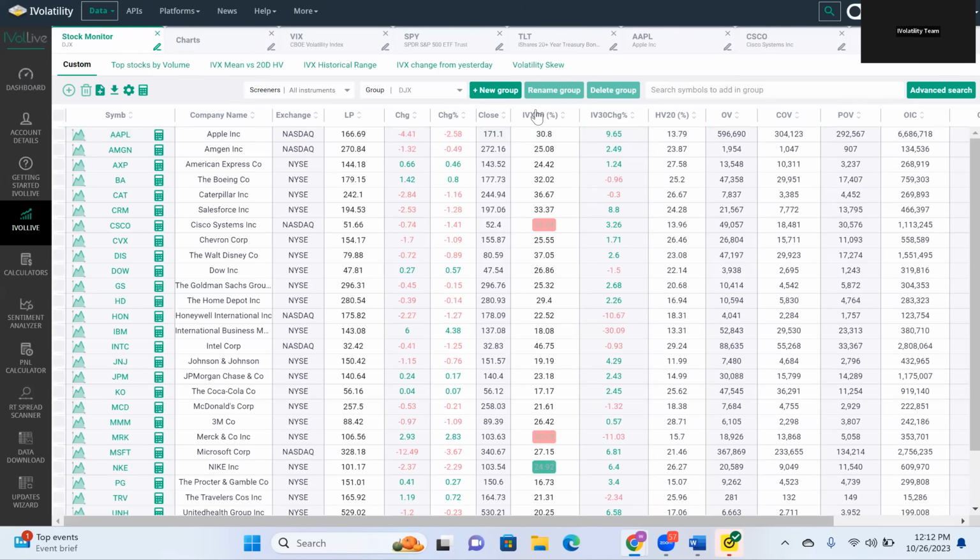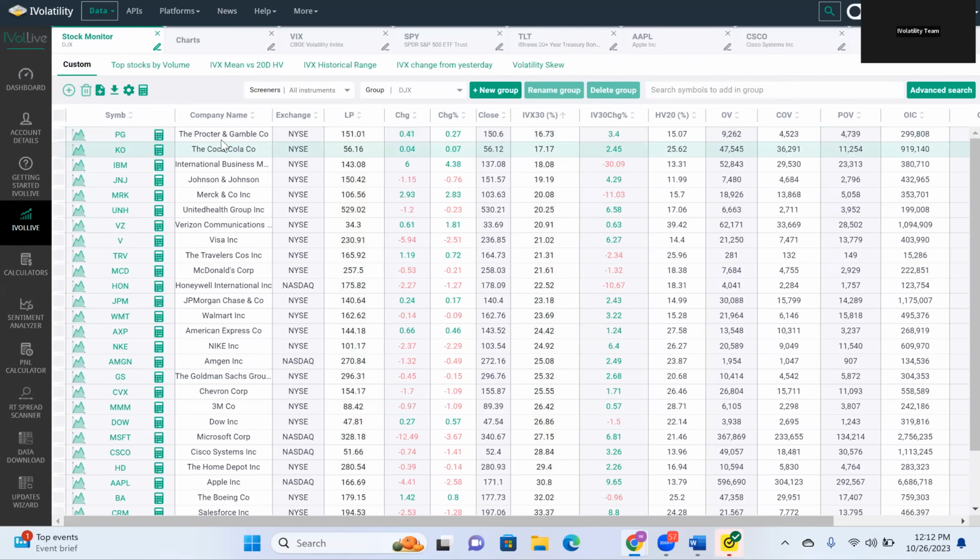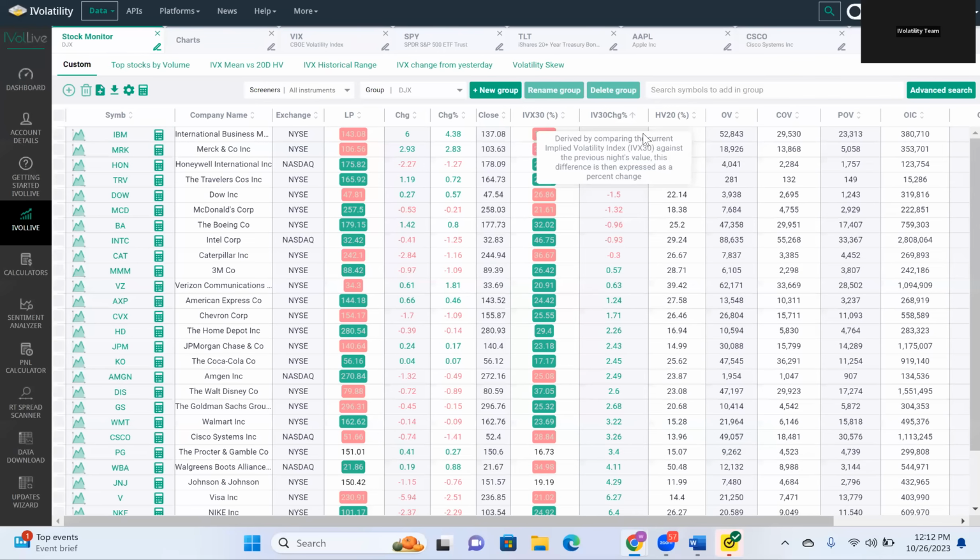On the other hand, we can flip this upside down. The lowest implied volatility reading is from Procter & Gamble, nice, boring consumer products company. It has had a bump today, 3.4% higher, but it's still coming from a low base. And then we could say, where is implied volatility deflating? Like, where is it coming out of a stock?